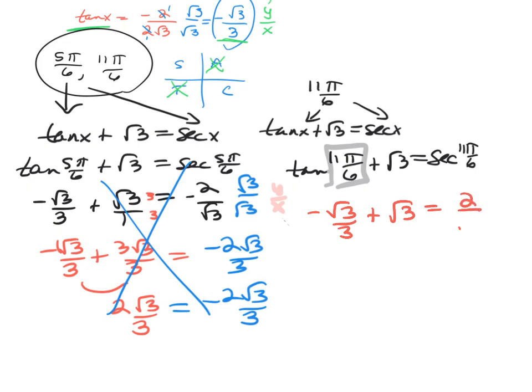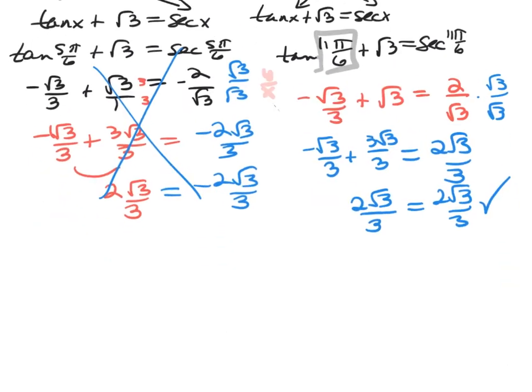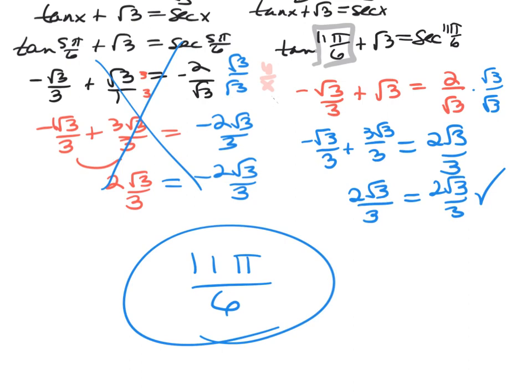So 2 over root 3. Again, you got to rationalize this. And then it becomes 2 root 3 over 3 positive. And over here, when I find a common denominator, and then add them, notice that both sides equal each other. So this one checks. So the only answer that works is the 11 pi over 6. So when you have a radical, you need to check your answers in your original problem.